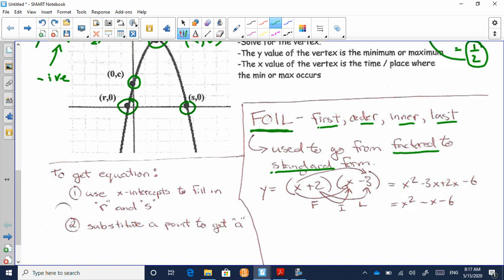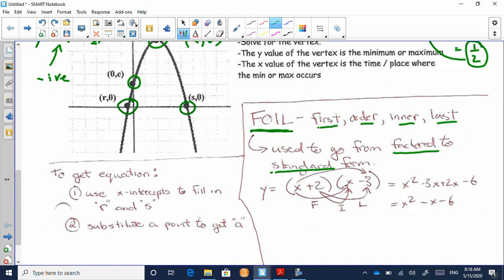But here, if I wanted to go from factored form to standard form, I go first. So x times x is x squared. And then I go outer: x times negative 3, that's negative 3x. And then I go inner: 2 times x is 2x. And then I go last: plus 2 times negative 3 is negative 6.